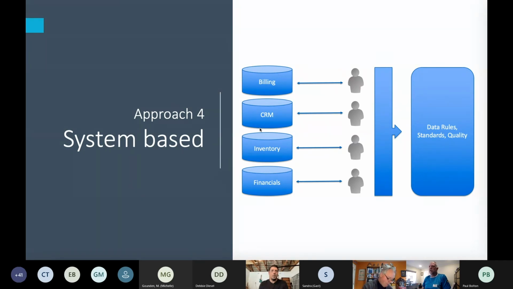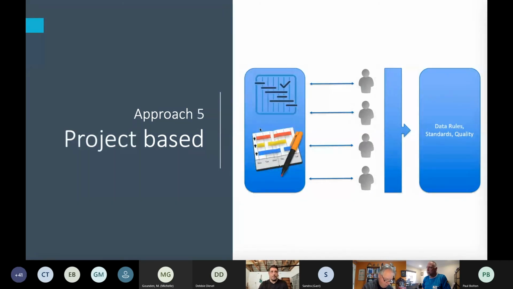So it's one style to do it. You tackle it by system, but the idea is you don't stay here. You move to one of the others. Hopefully domain, I would say, over time.